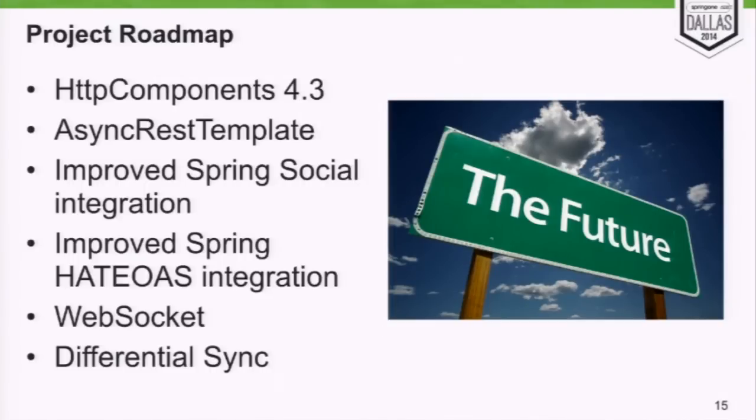We already have Spring Social integration, but we're going to work on improving that for an upcoming release. And I mentioned the support for Spring Helios. We want to have really good seamless integration. It's important that you're easily able to consume Spring Data REST services built with Spring Helios.